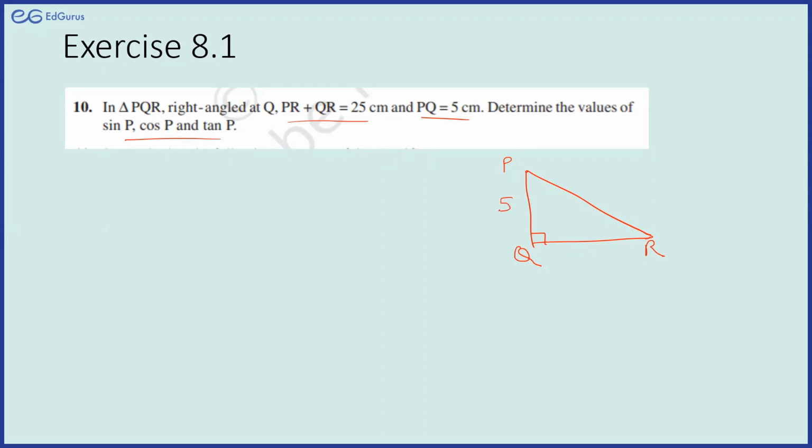PQ is given as 5 centimeter. So now because I want to find sine, I need to know the other two sides. और other two sides में मेरे को ये relationship दिया, and I can use my Pythagoras theorem to find PR and QR, right? Yes, ma'am. And once you know that, you can find these ratios.